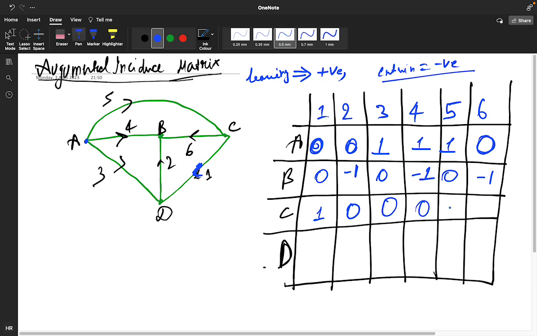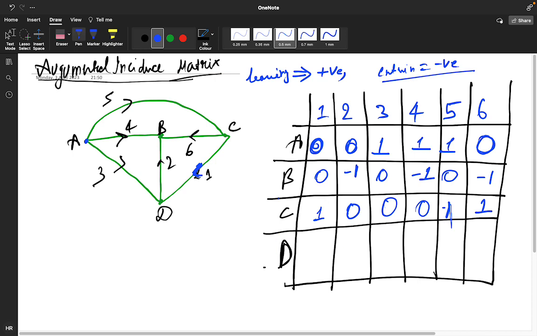After that, no, 5 will not be 0 in C. See, 5 is entering, so it will be minus 1, right? See, in C branch, it will be minus 1. And what about 6th? 6th will be plus 1.